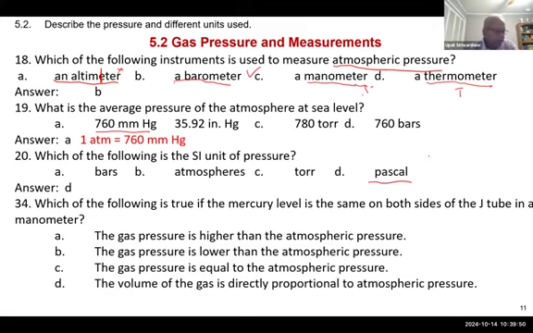C is the correct answer. If the J tube is attached and the mercury level is the same, that means inside pressure is equal to outside pressure.